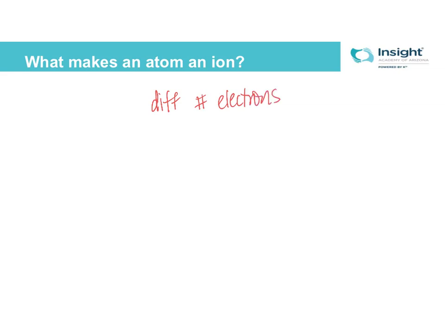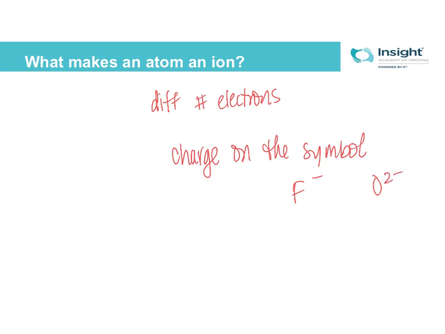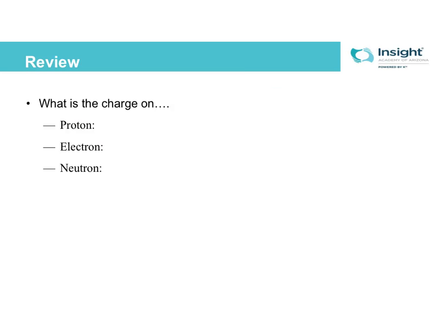That positive or negative number on the symbol is a charge on the symbol. So that's the F minus or O2 minus, that sort of stuff. But you can also write this as O minus 2, same thing. You may see both ways of writing it.